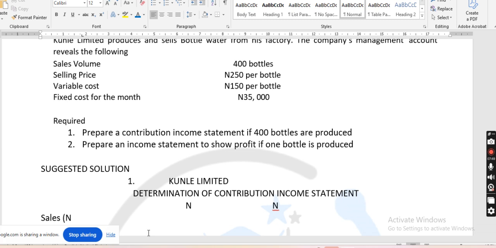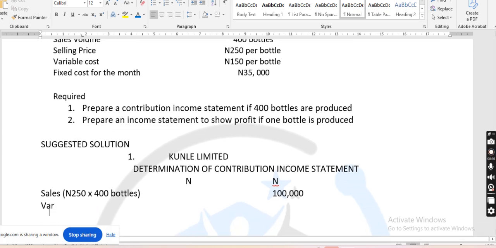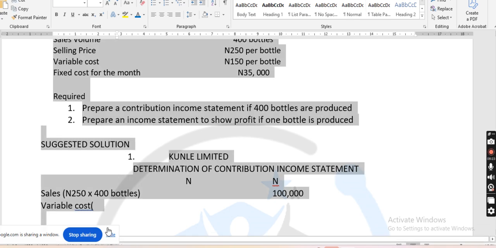Yes, sir, it is. 250 times 400 bottles. So what is the sales, class? Quickly. 100,000. Thank you. Now, what will be the variable cost? Look at it.